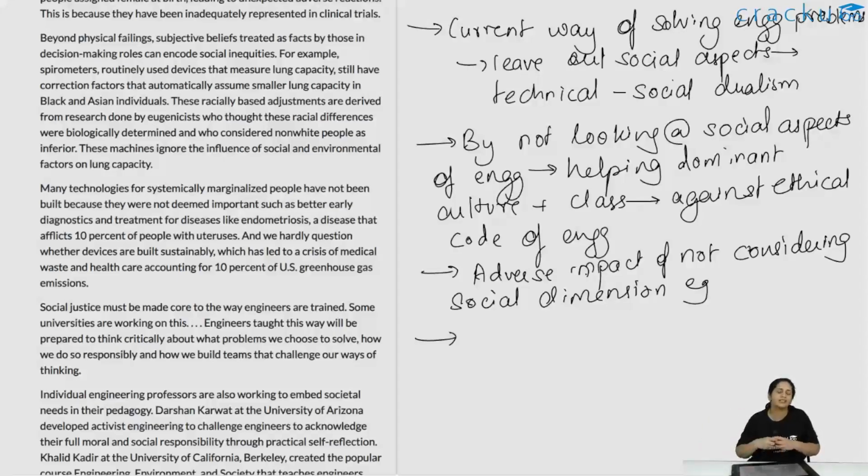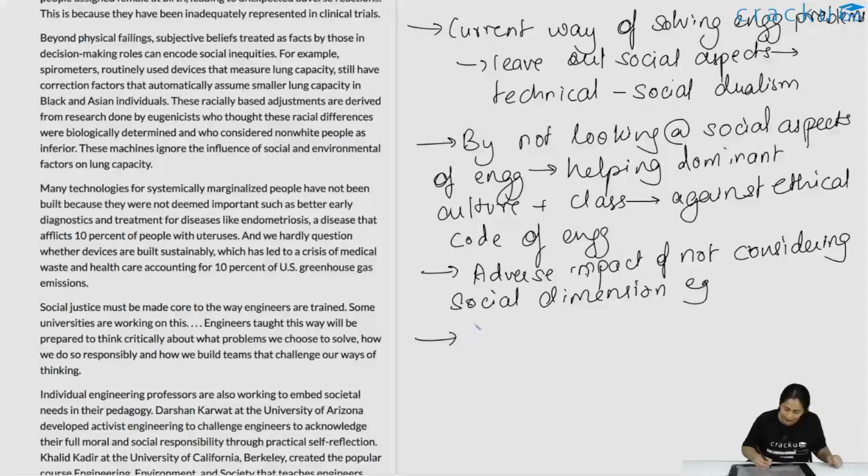So this example establishes how in many cases engineering problems rely on things as facts which are actually subjective beliefs. These machines ignore the influence of social and environmental factors on lung capacity.